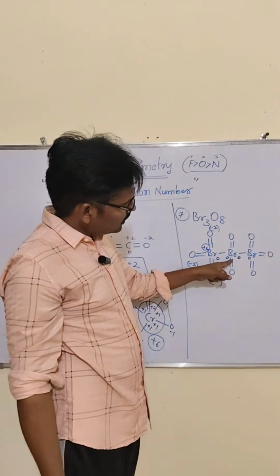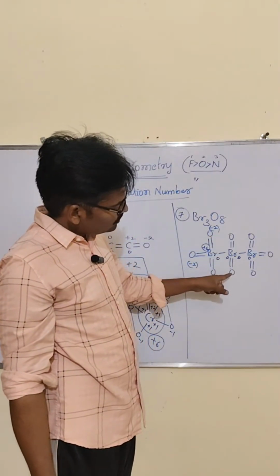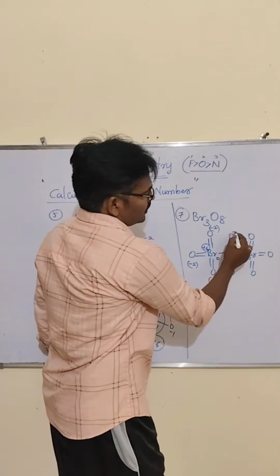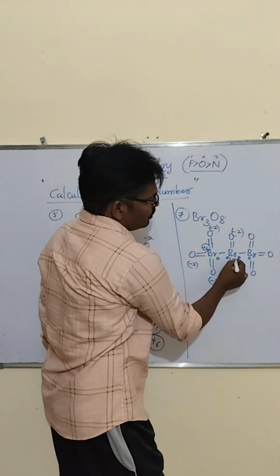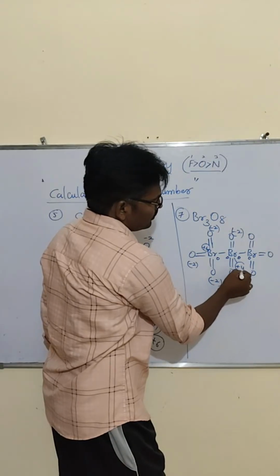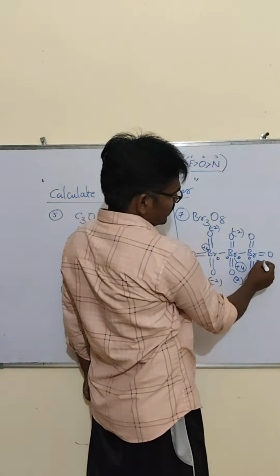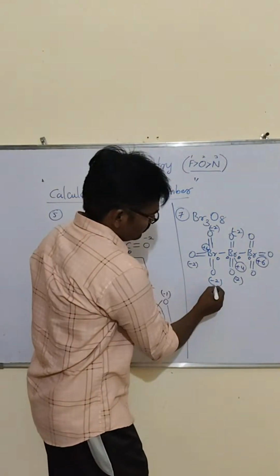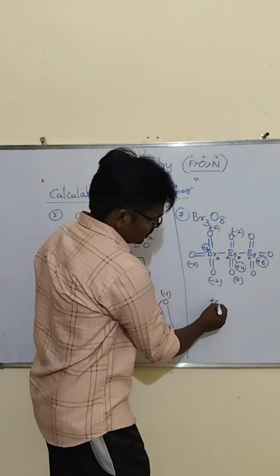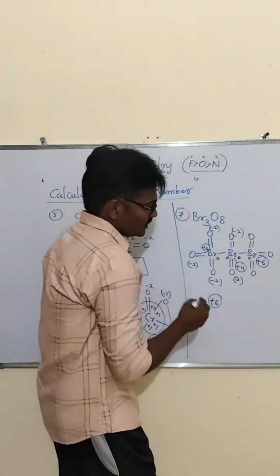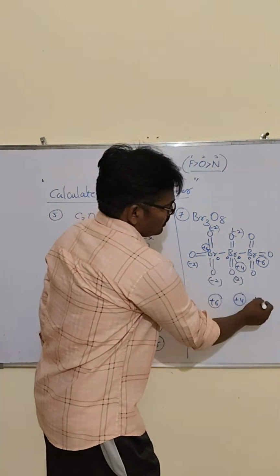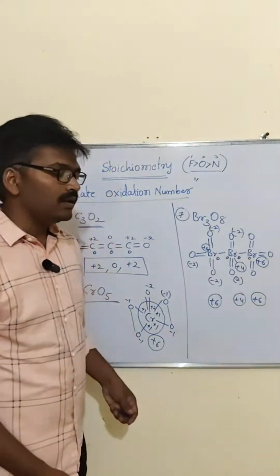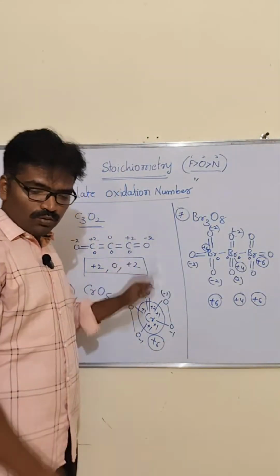For the middle bromine, above -2, below -2, so it can get +4. Then the last one is +6 again. So the oxidation states of the 3 bromine atoms are: first +6, second +4, last one again +6. Clear?